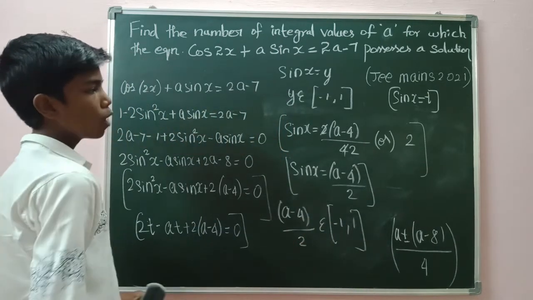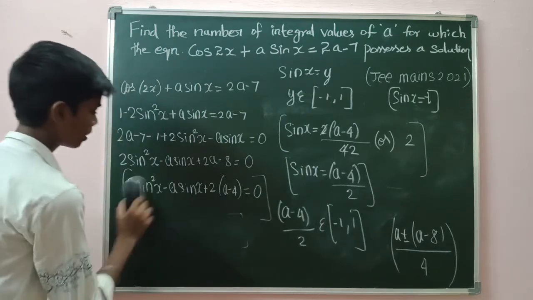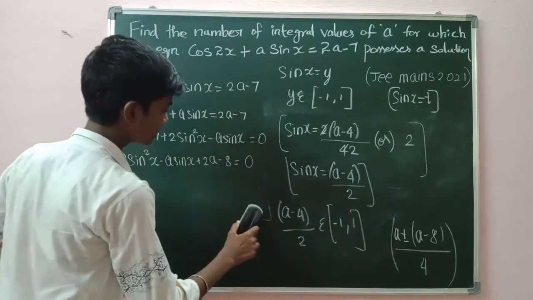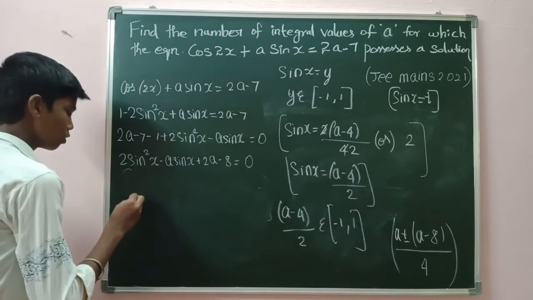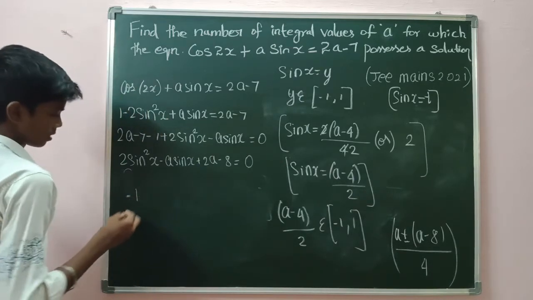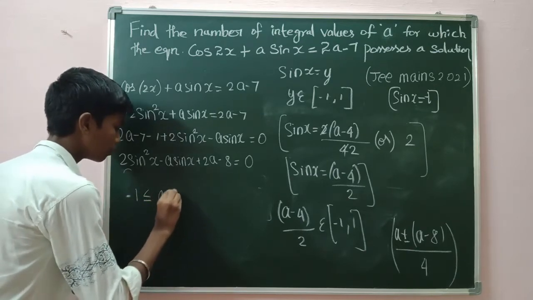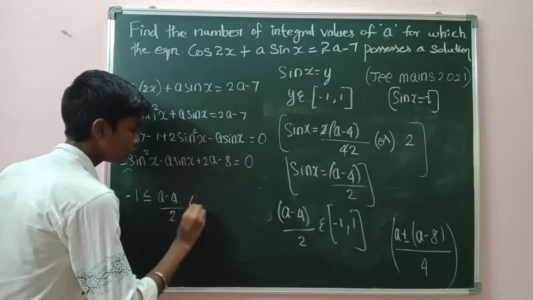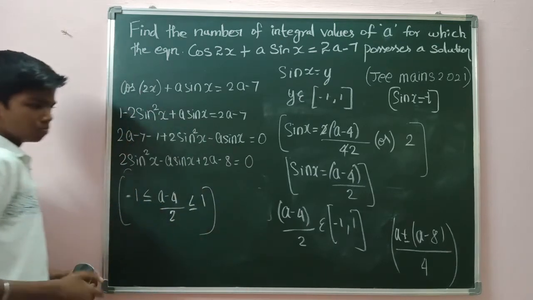So how can I represent this as an inequality, guys? The way to represent the inequality is minus 1 less than or equal to (a minus 4) by 2, which is less than or equal to 1. This is how we represent the inequality, and you already know these things.